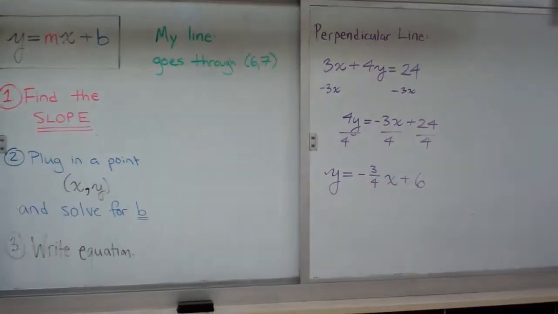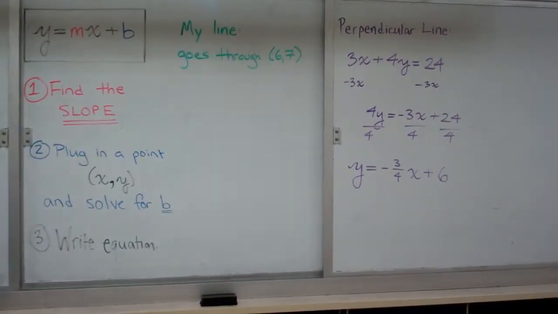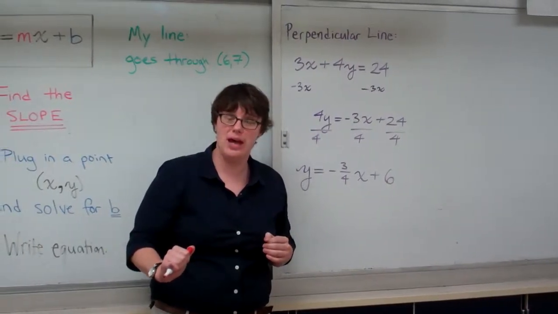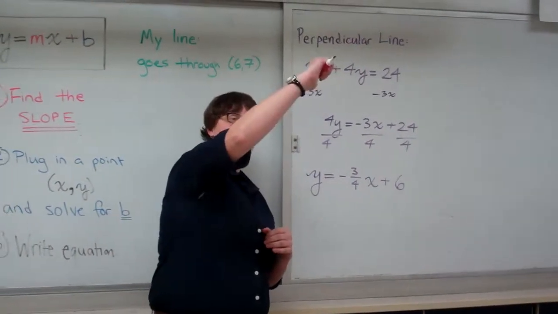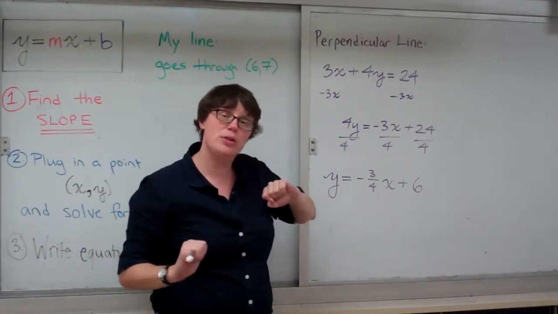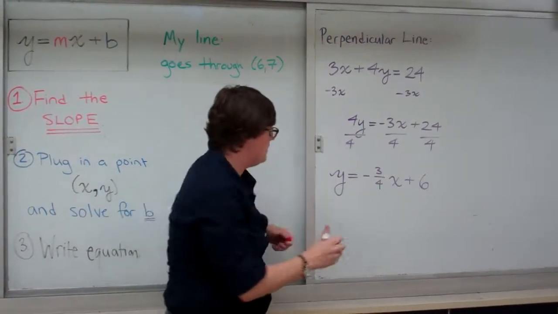Alright, so the reason that's interesting is that we happen to know a pattern when it comes to perpendicular lines. One always has a positive slope, one always has a negative slope. And their numerators and denominators are reversed.